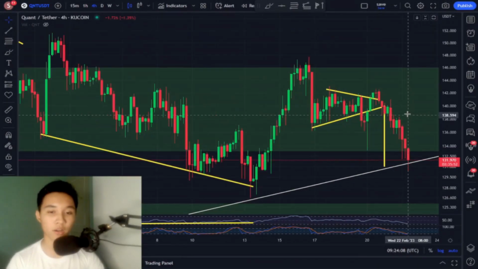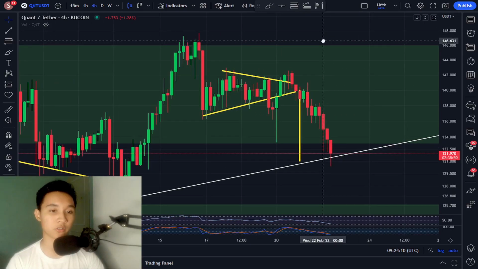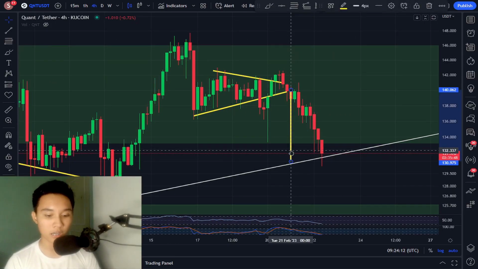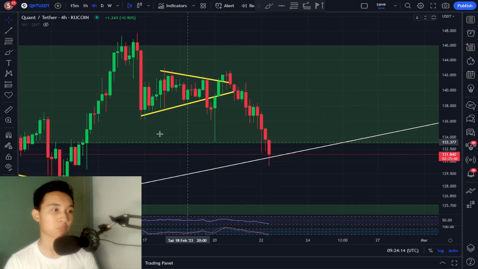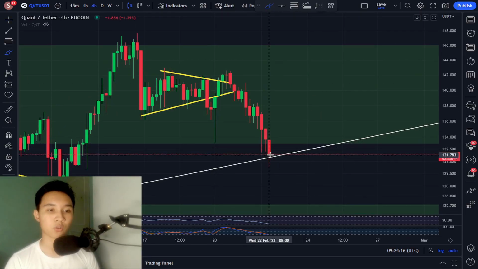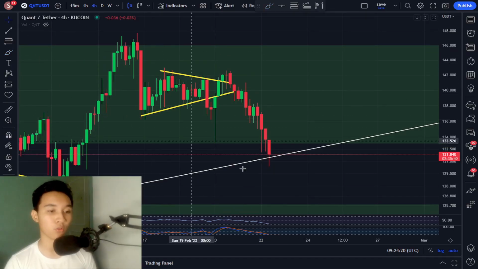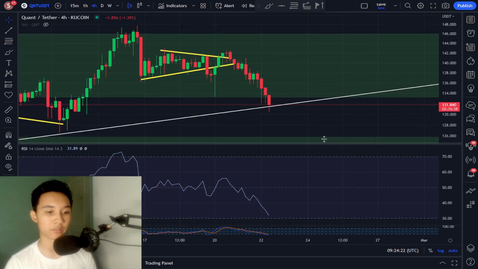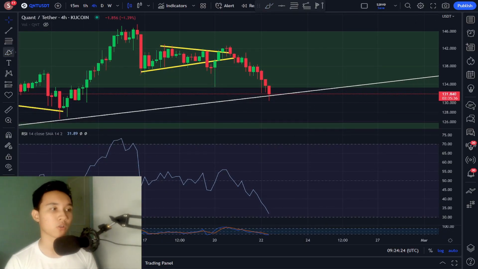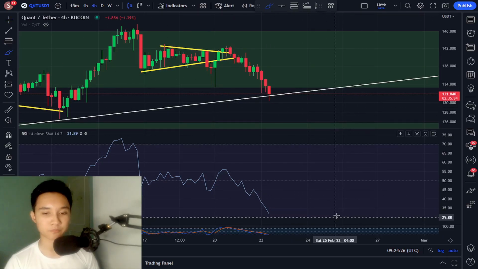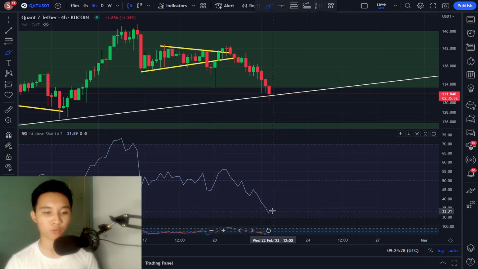So let's begin. Right now the Quant price has dumped to the mentioned target, and I'm expecting the Quant price to start to have a bounce at this trend line, because first of all, if we pull up the RSI in the 4-hourly time frame, we are about to touch the oversold area.